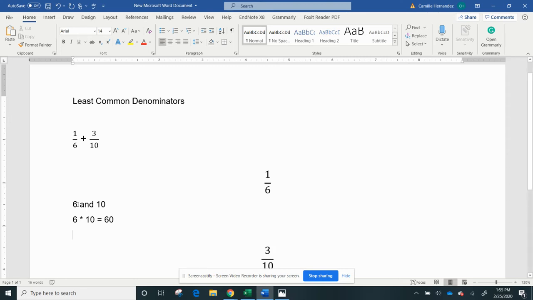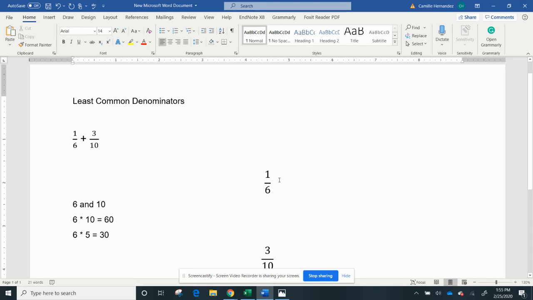So 6 times 2 is 12, that wouldn't work. 6 times 3 is 18, that wouldn't work. 6 times 4 is 24, that wouldn't work. Oh, 6 times 5 would work, because remember 5 is a multiple of 10, so that would give me 30.